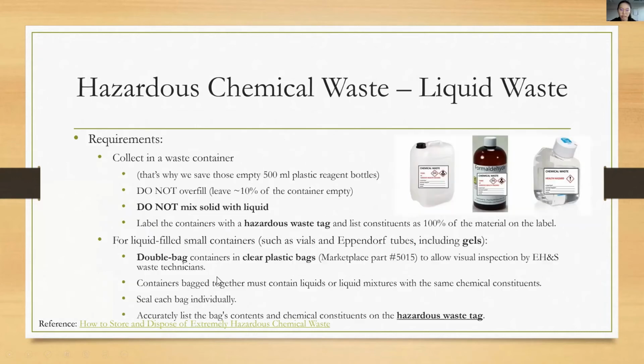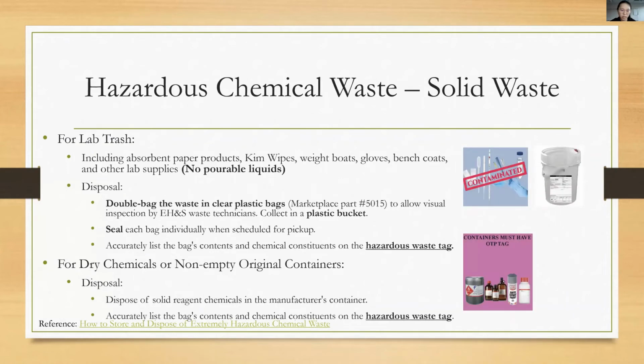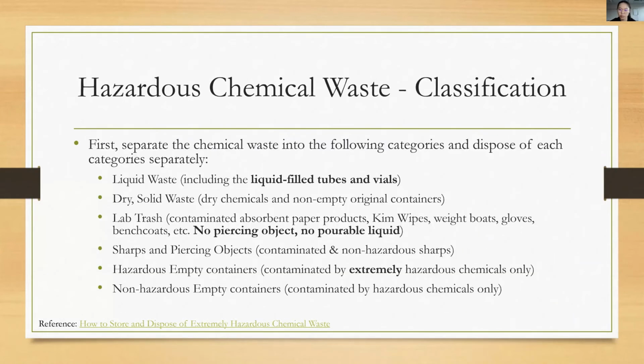For each of them, I have a detailed instruction on how to label them, what the definition is, and how to dispose of them. But make sure you do not mix the liquid waste with the solid waste. For example, I saw some waste bottles that have both liquid waste and some pipette tips inside. The pipette tips should be separated from the liquid waste.